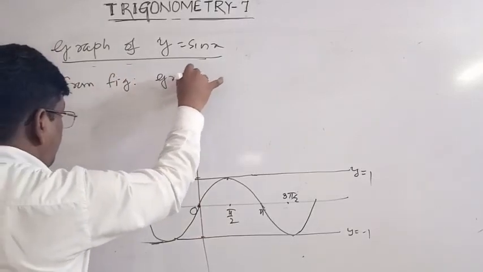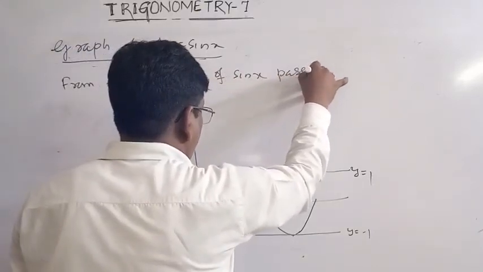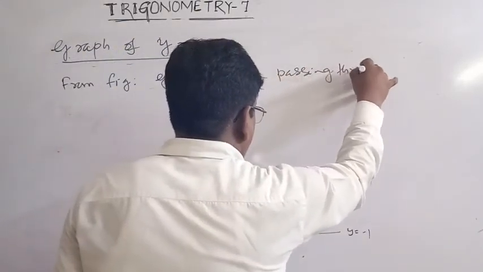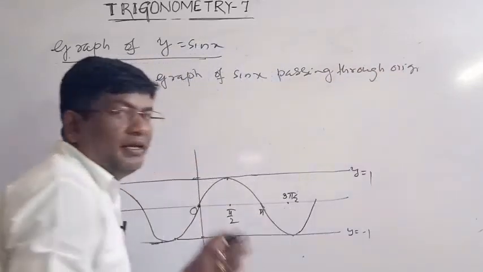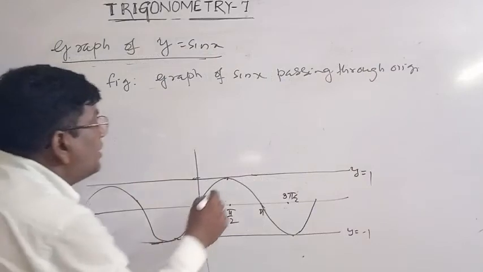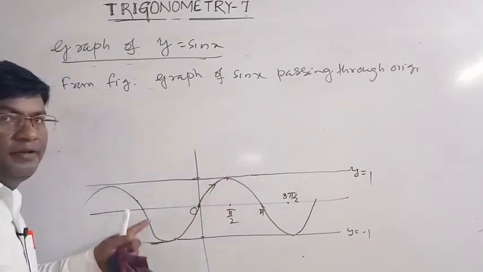Graph of sin x passing through origin. Now observe from 0 to 90, the graph of sine is increasing.